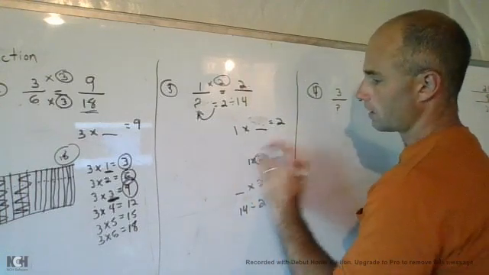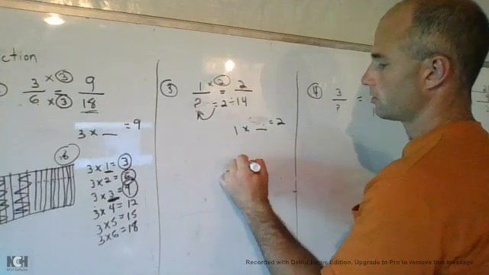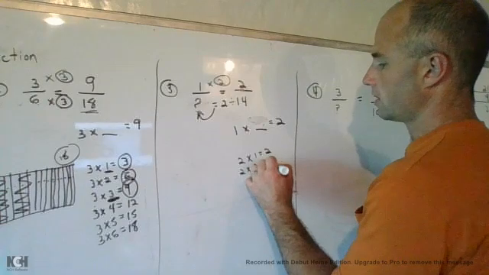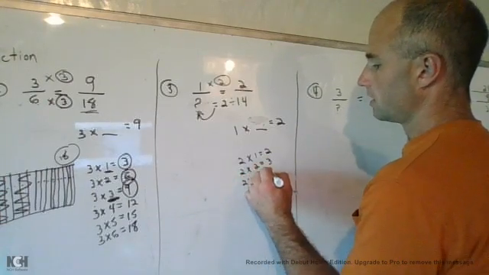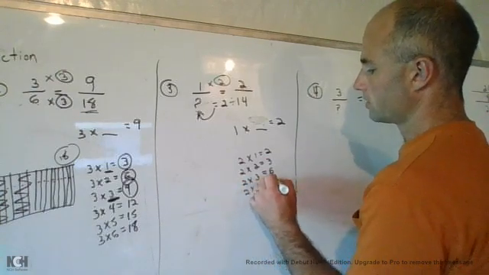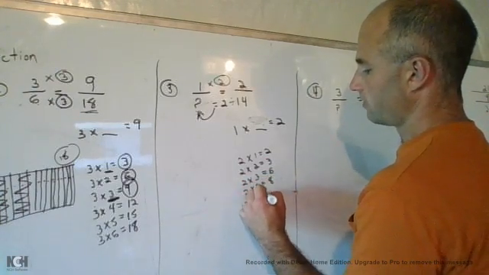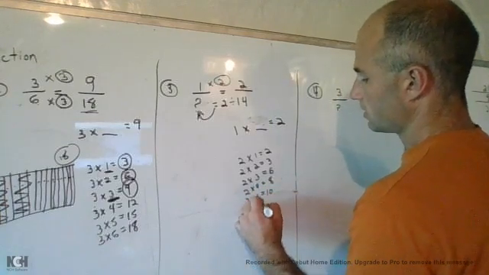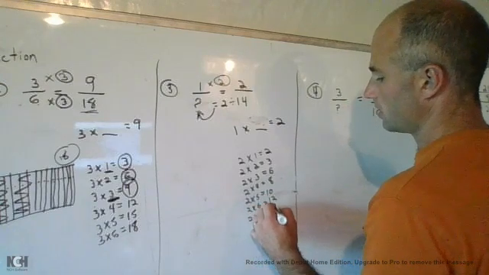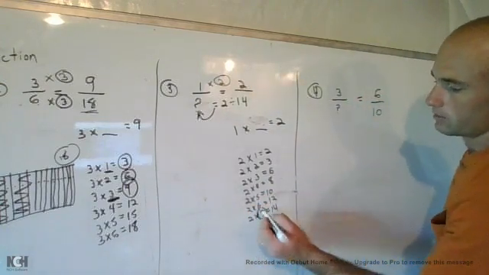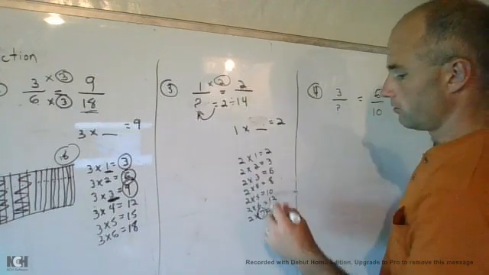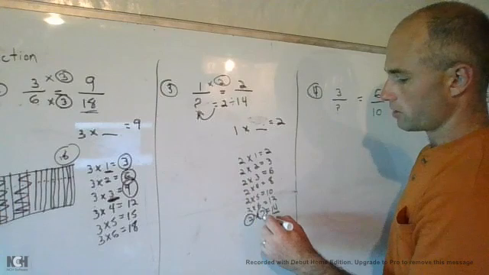Well, I'm going to do my 2 times tables. 2 times 1 equals 2. 2 times 2 equals 4. 2 times 3 equals 6. 2 times 4 equals 8. 2 times 5 equals 10. 2 times 6 equals 12. 2 times 7 equals 14. That's the missing number. So 14 divided by 2, you're going to get 7.